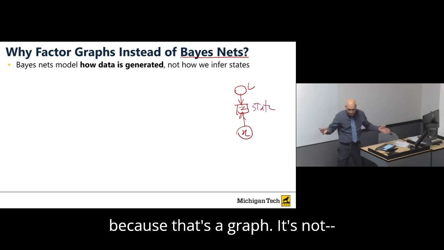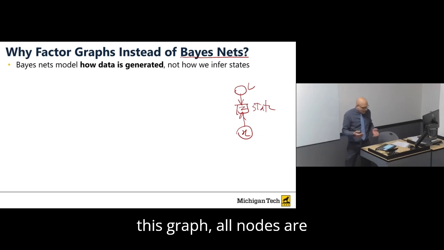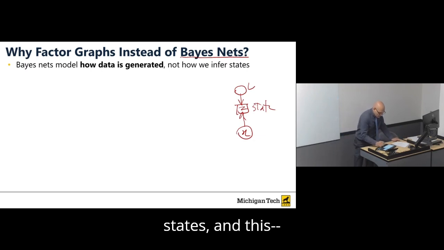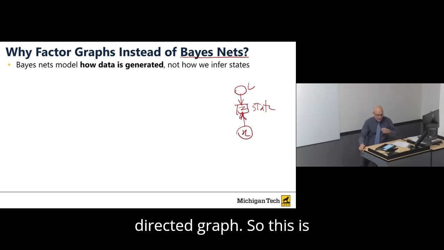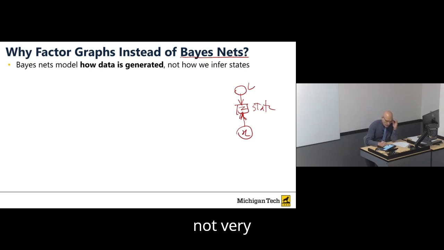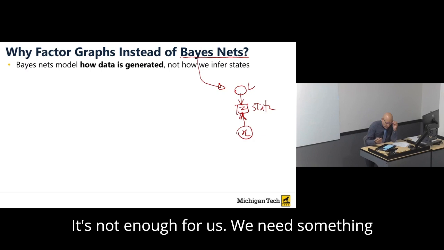Because that's a graph, all nodes are states, and the relationship between these states is considered with a directed graph. So this is not enough for us.